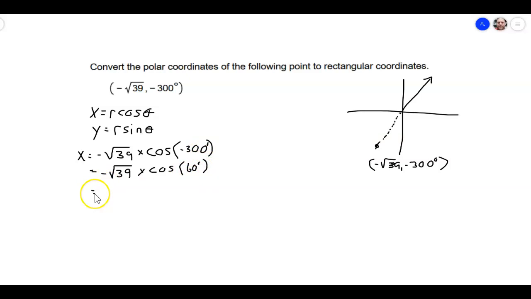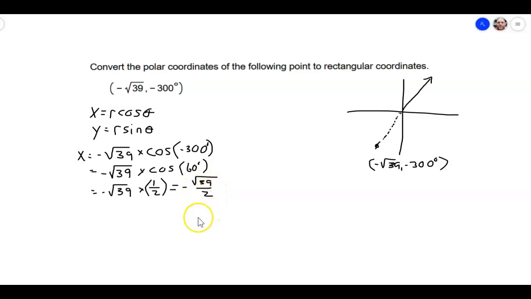And that is equal to negative root 39 times, and the cosine of 60 degrees is 1/2. So that's just going to be negative root 39 all over 2.